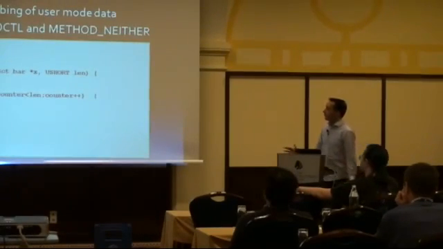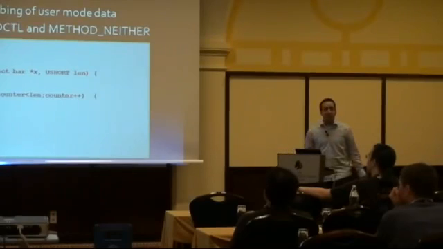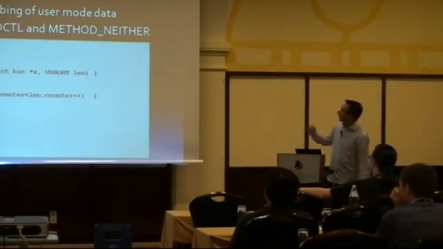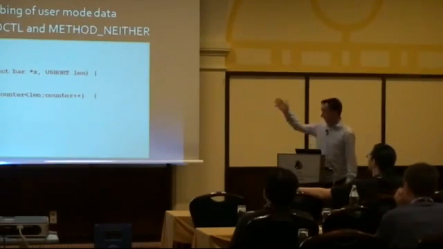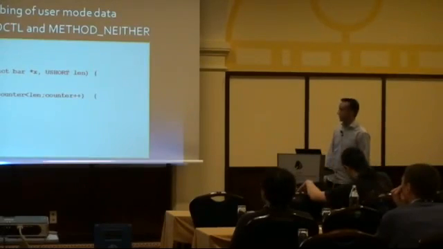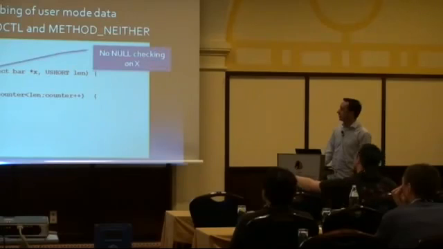Trusting user mode pointers. I don't know if you guys are familiar with METHOD_BUFFERED. We're not going to talk about it right now, but let's imagine this entry point. The two parameters come from user mode. They are attacker controlled. Let's say that bar is null.